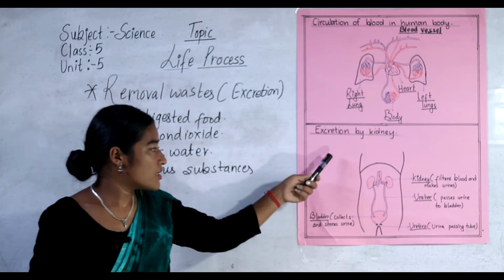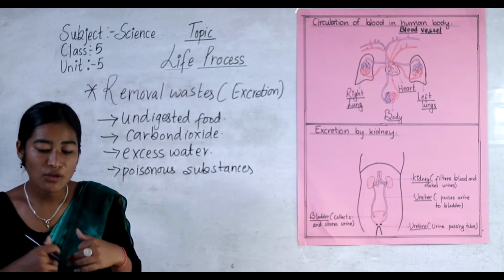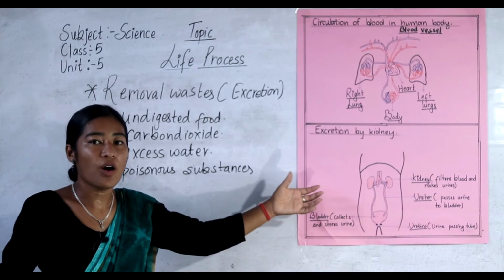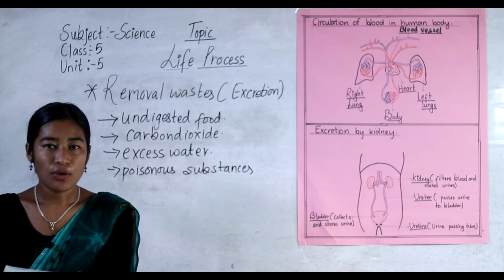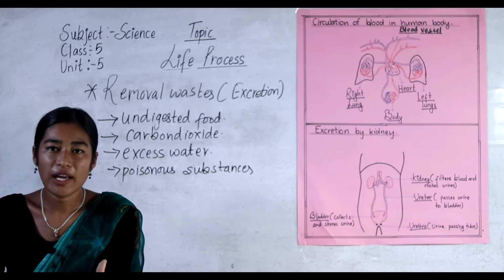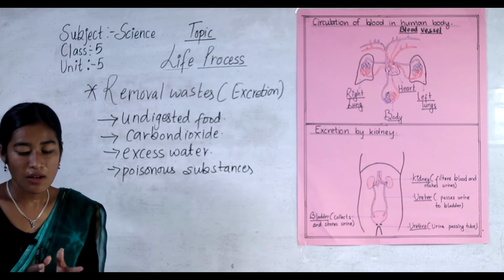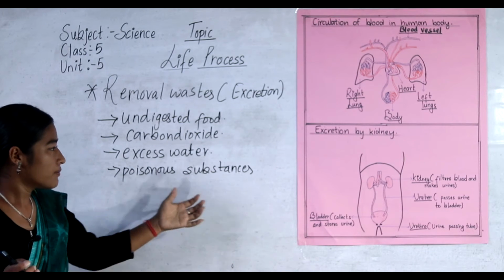You can look at this figure: the kidney filters blood and it also forms urine. So urine is formed by the kidney. The excess water and the harmful chemicals like uric acid and urea are all thrown out as urine.